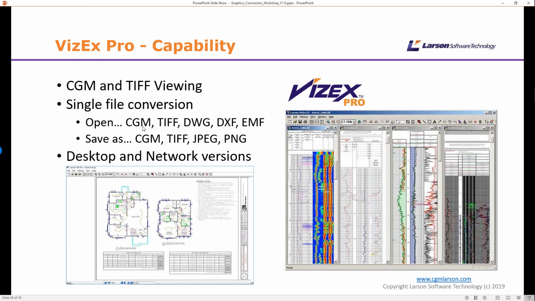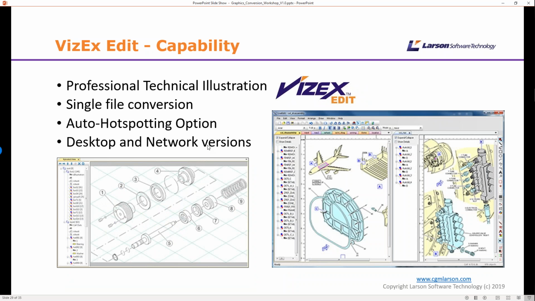So we saw CGM and TIFF, DWG today, and then you could save as JPEG and PNG. VisX Edit is our illustration software. So again, single file conversion, but it gives you a lot more flexibility. We support a lot of file formats in there. Plus you can actually edit the graphics as well.